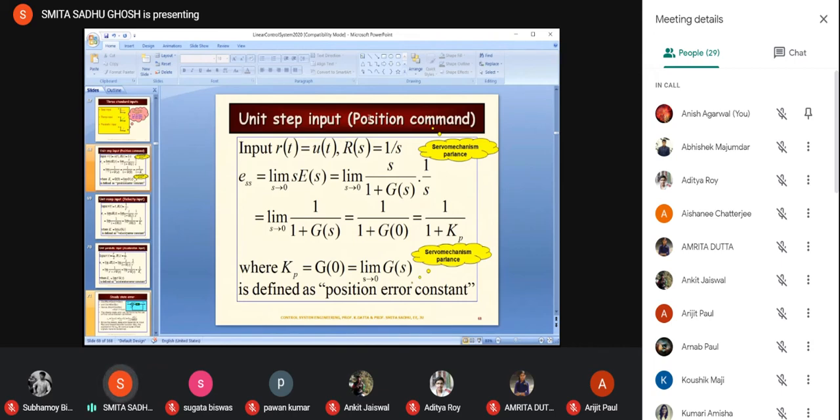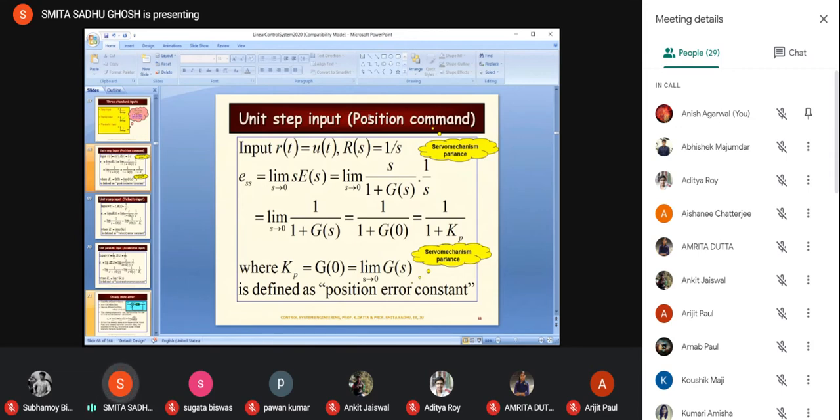You would recollect that in the last class I had stated that servo mechanisms were initially considered as the only control systems in use. So for this set of steady state error analysis, the terminology has been derived from the servo mechanism terminology.